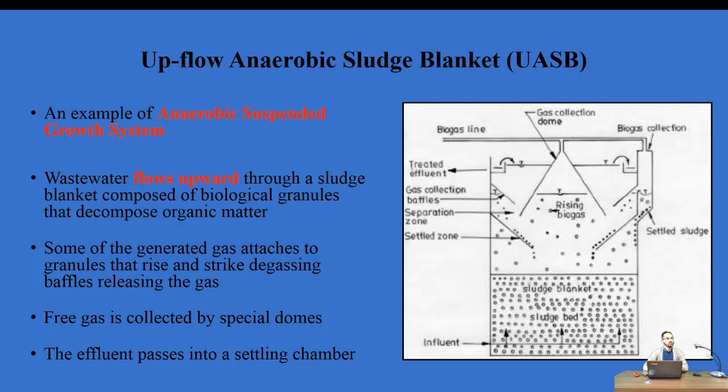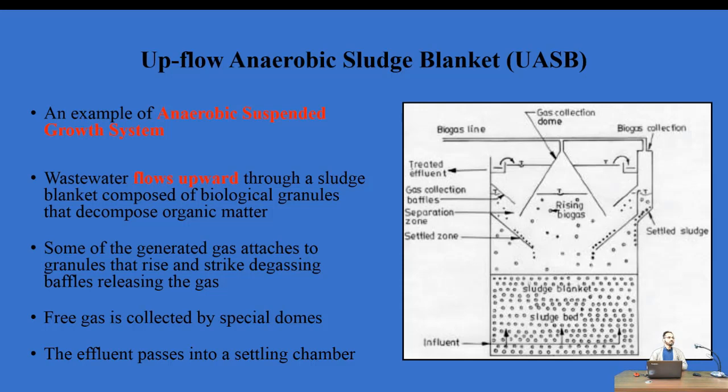Another technique, or another technology, for anaerobic treatment using suspended growth is a very famous reactor called the upflow anaerobic sludge blanket, abbreviated UASB. The wastewater flows upwards through a sludge blanket composed of biological granules that decompose organic matter.